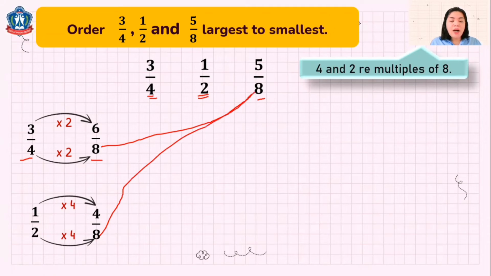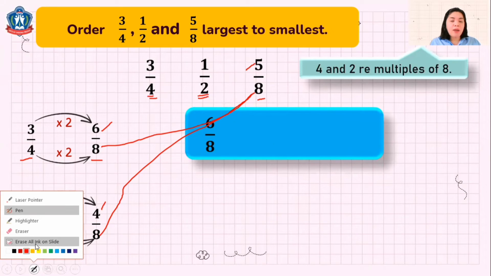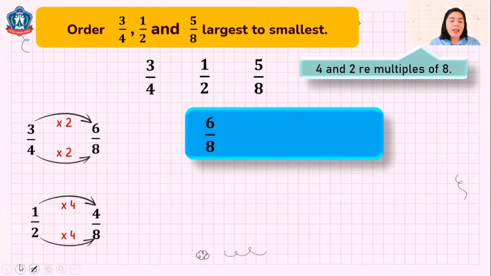So all of our 3 fractions now have the same denominators, and it will be easier to order and compare them. So which one has the largest numerator? 6, 4, or 5? Yes, it's the 6/8. Therefore, 6/8 is our largest, followed by 5/8, and the smallest is 4/8.